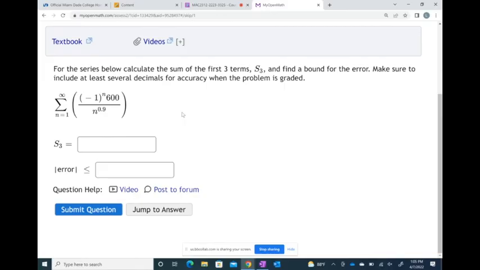So 1 over 2 to the 0.9 is the same thing as 2 to the negative 0.9, and minus 3 to the negative 0.9, and then I need to do minus 1, and then times 600.